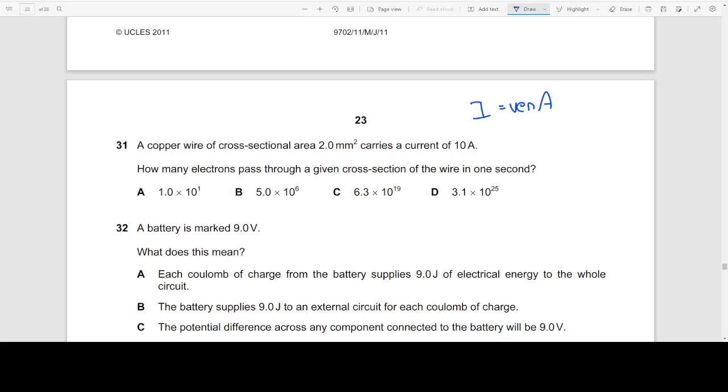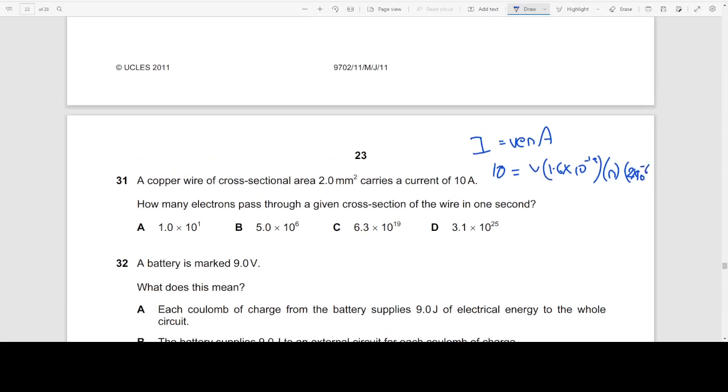And we know the current is 10 amperes, so 10 equals V into E, where E is the charge on one electron, which is this, into the number of electrons N, into the area, which is 2 into 10 raised to minus, from millimeter square to meter square, 10 raised to minus 6.